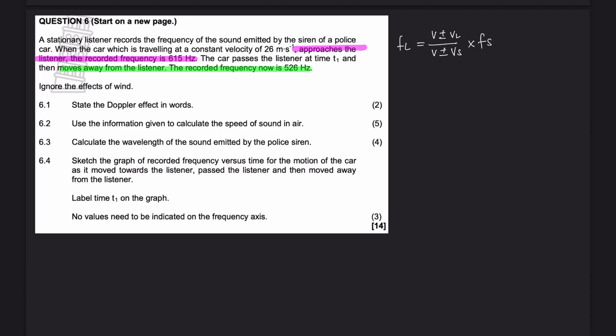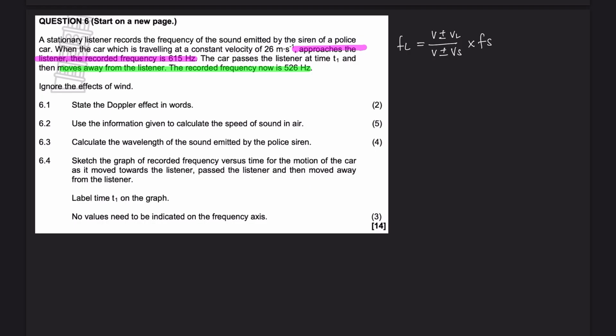In this case, we don't know the frequency of the source and we don't know the speed of sound in air. That means we're going to use simultaneous. So we need 2 equations. And we can get them from setting up an equation when the police car is approaching and when the police car is moving away.